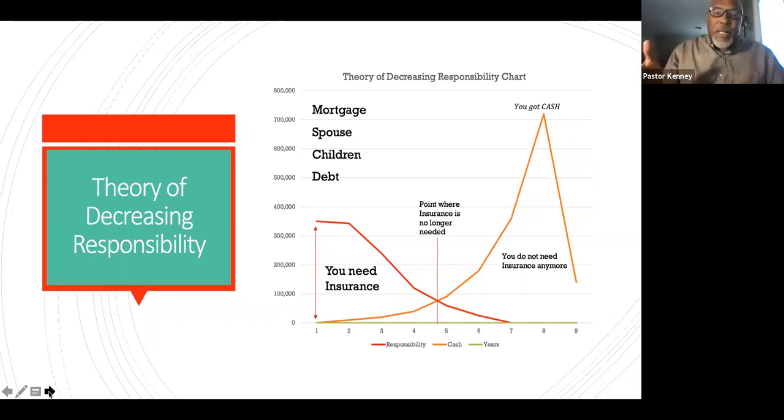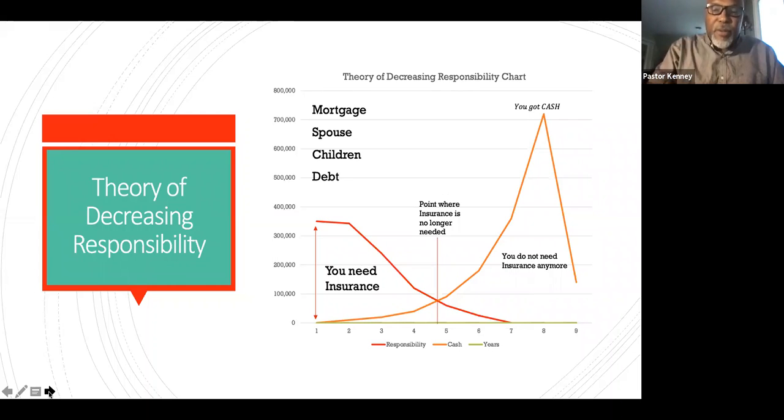The point I want to make is about the way I was trained, because I was licensed to sell insurance in the state of Virginia. My theory is that as your money grows, your need for insurance goes down.